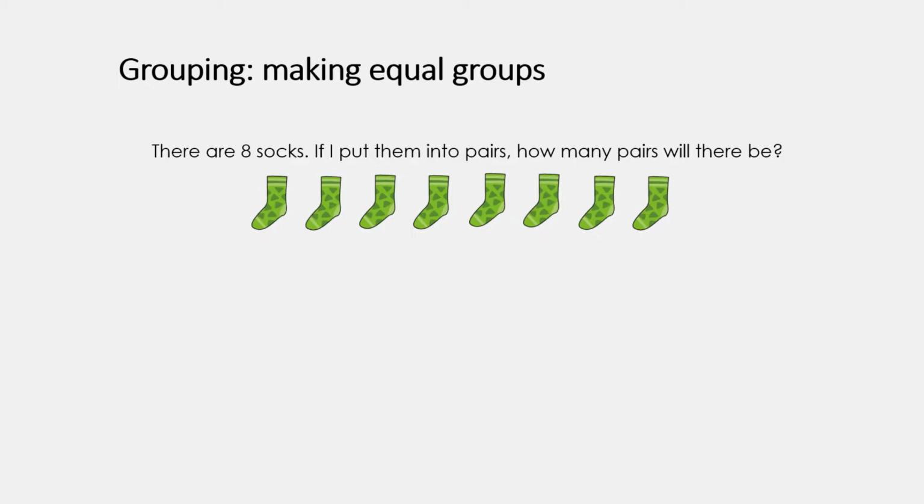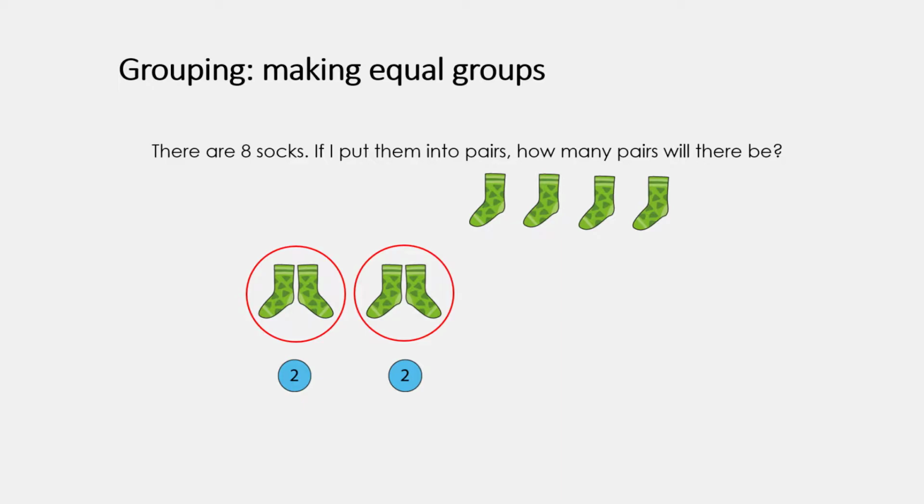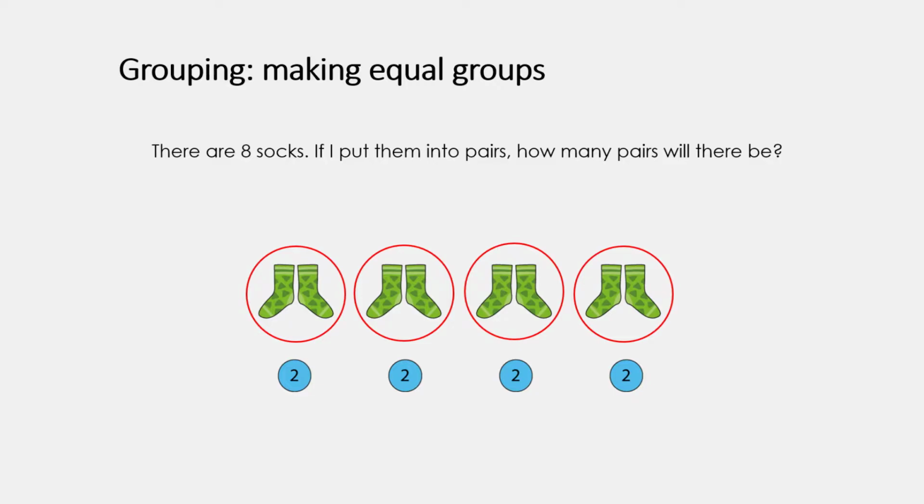If I put them into pairs, how many pairs will there be? 1 pair is 2. 2 pairs is 4. 3 pairs is 6. And 4 pairs is 8. And I stop because 8 is my whole. 8 is all of my socks.